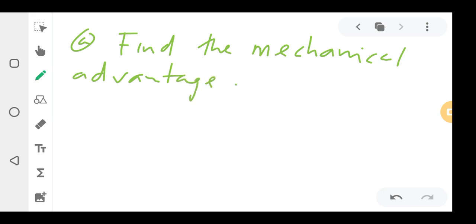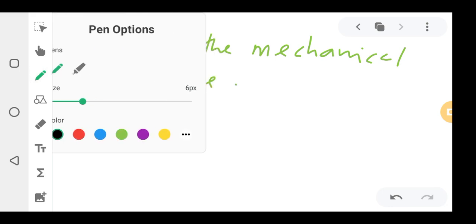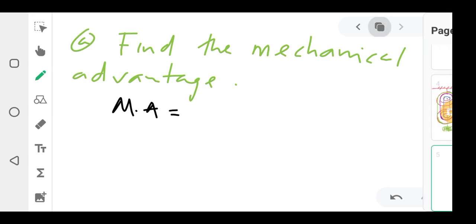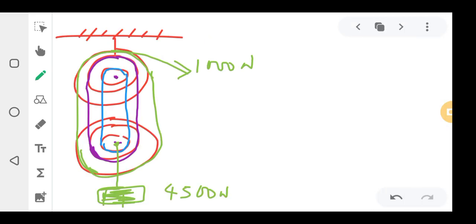So how do you solve the first question? The first thing is you write the formula for mechanical advantage. Mechanical advantage is equal to, looking at the diagram, load over effort. You see this load is pointing downwards, it's heavy. They won't tell you: this is the effort and this is the load. So the effort is 1,000 and the load is 4,500.